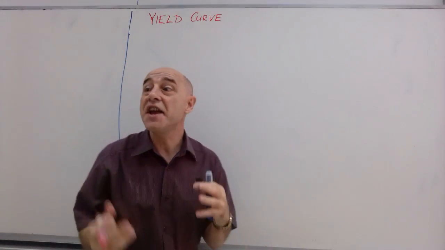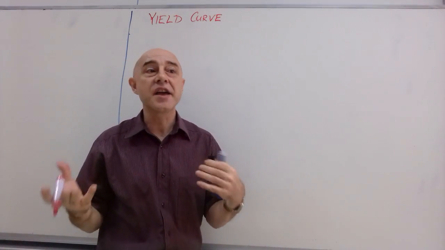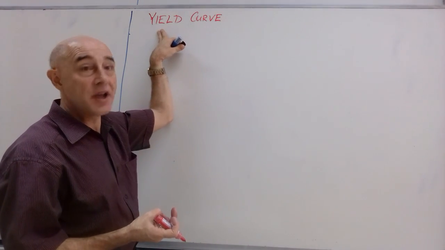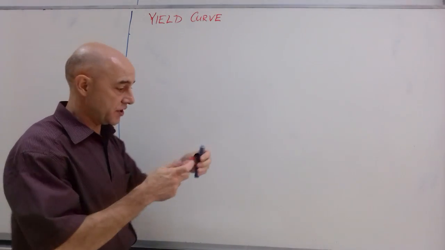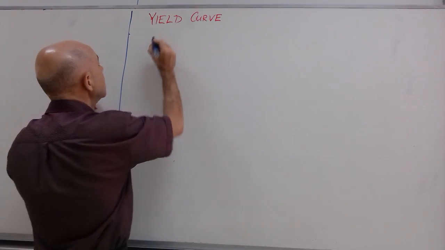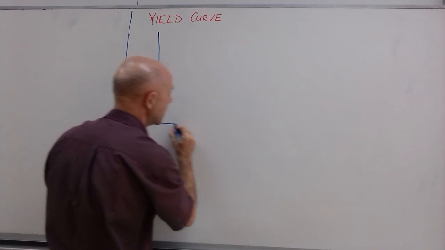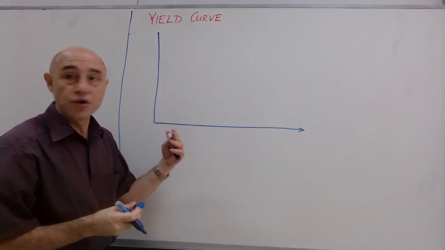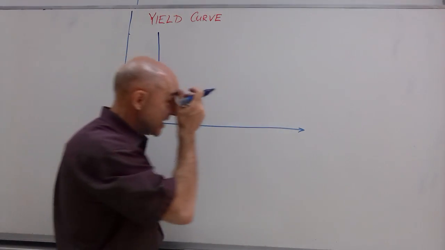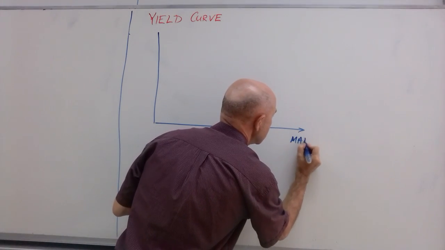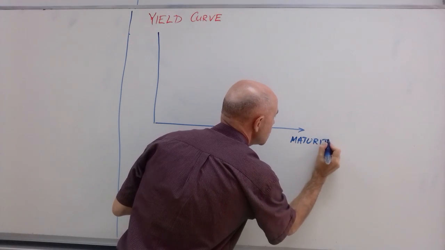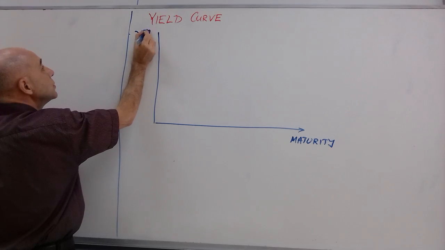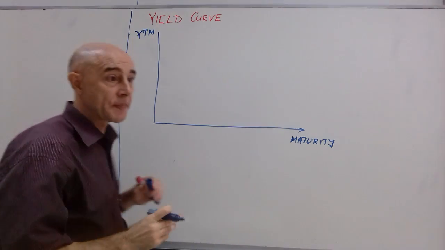Yield curve is a chart, a graph that shows you yields to maturity and maturity. And it's a nice, simple, easy picture that businessmen should know and understand. It's common sense. Here you got maturity, and here you got yield to maturity.